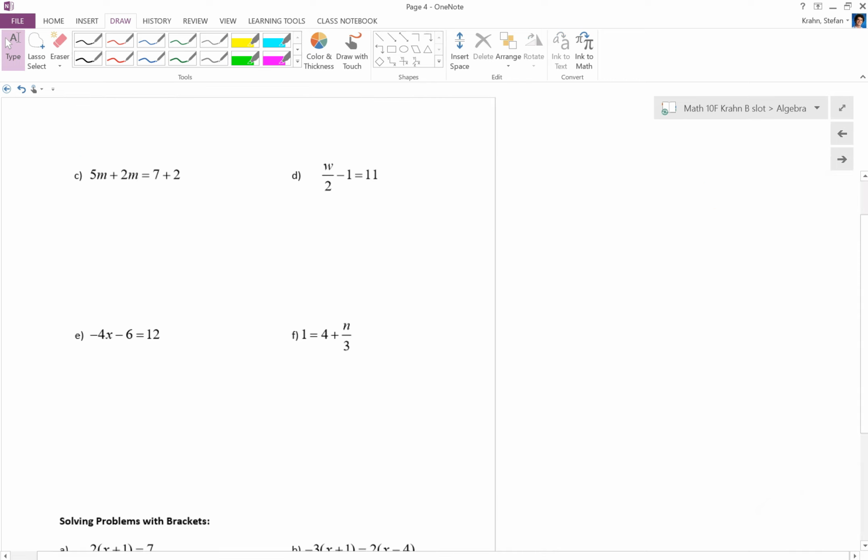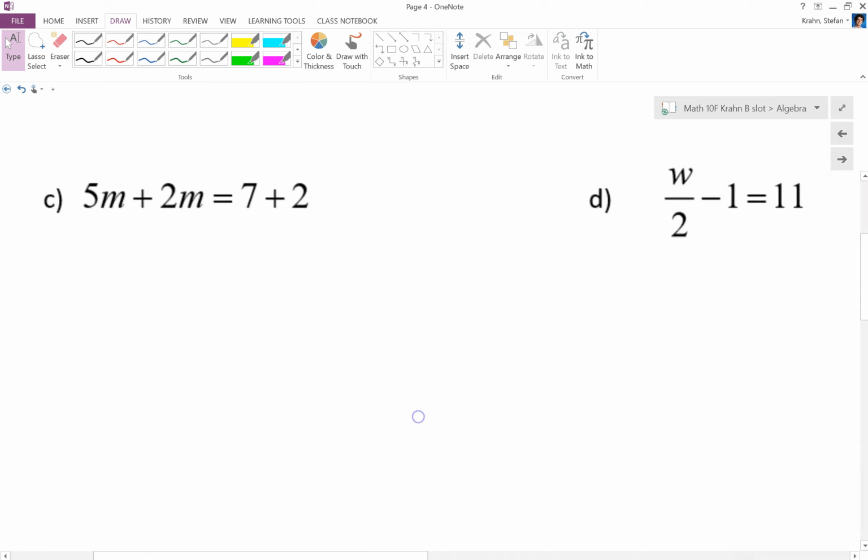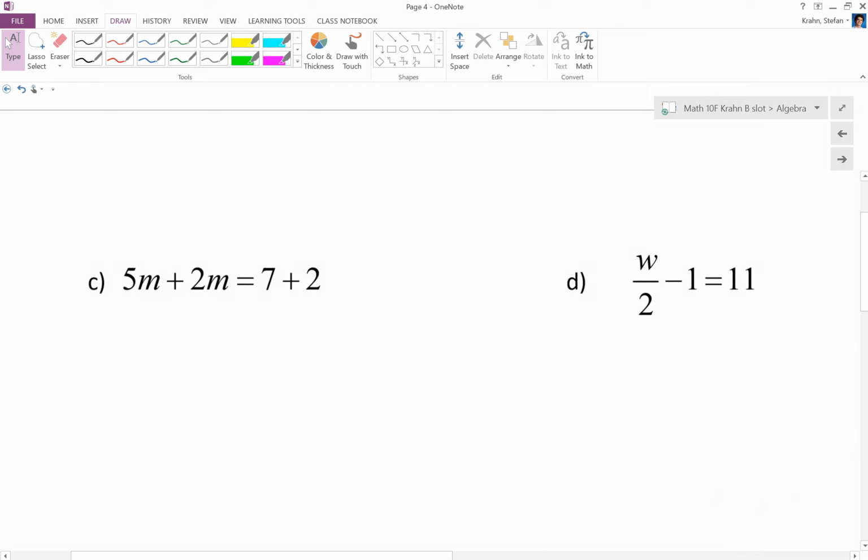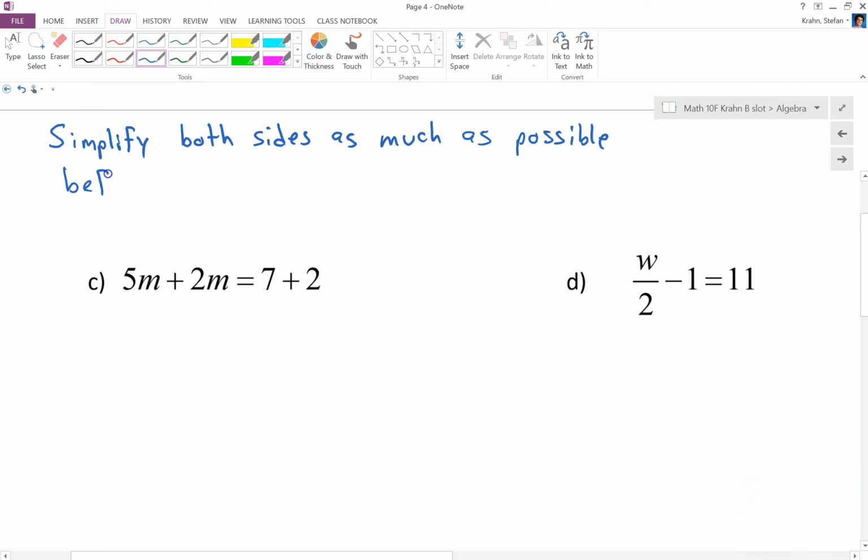Alright, next page. Okay, part C, there is another step that we have to do here first. And that is we have to simplify both sides as much as possible before starting the algebra.